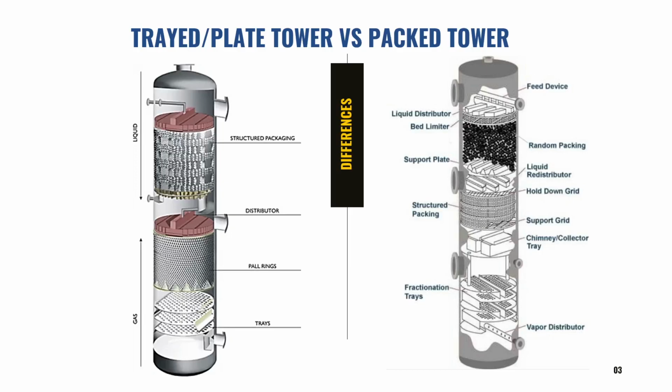A plate tower is a tower or column that is fitted with trays, or structured trays. As compared to a plate tower, a packed tower is fitted with packing materials.